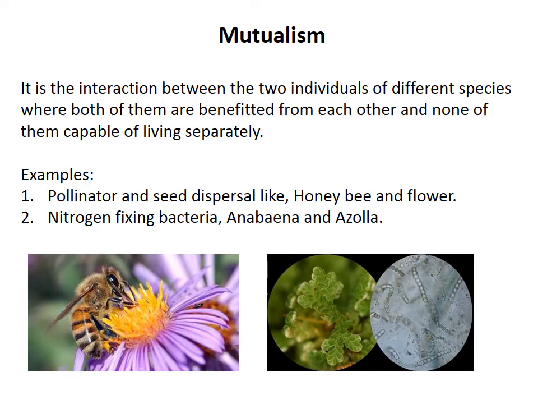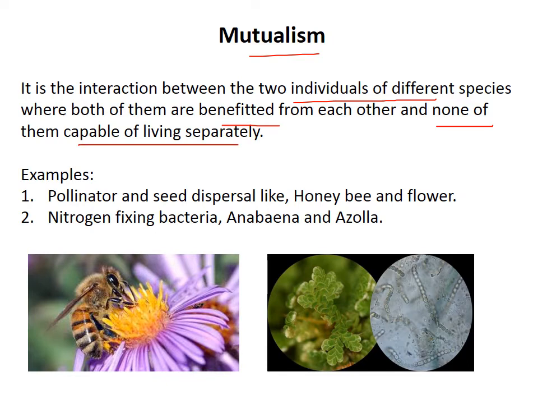Now let's discuss them one by one. First of all, mutualism. Mutualism is the interaction between two individuals of different species where both of them are benefited, and neither of them is capable of living separately. They need each other.